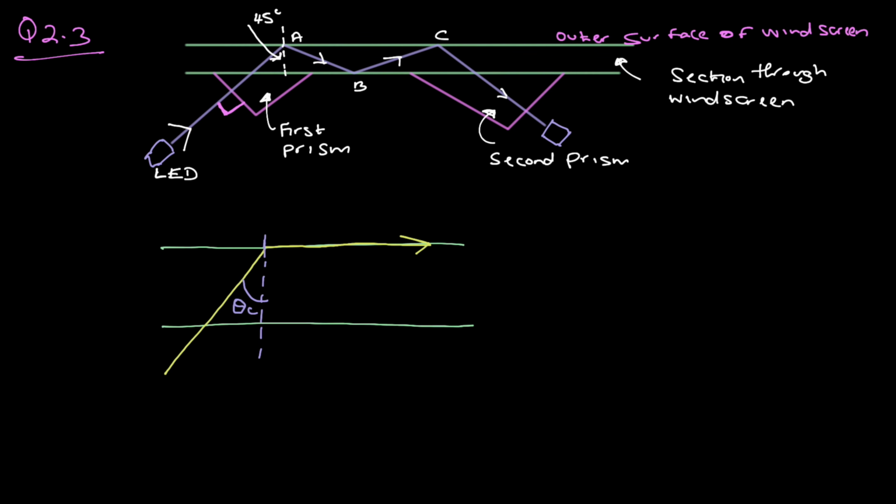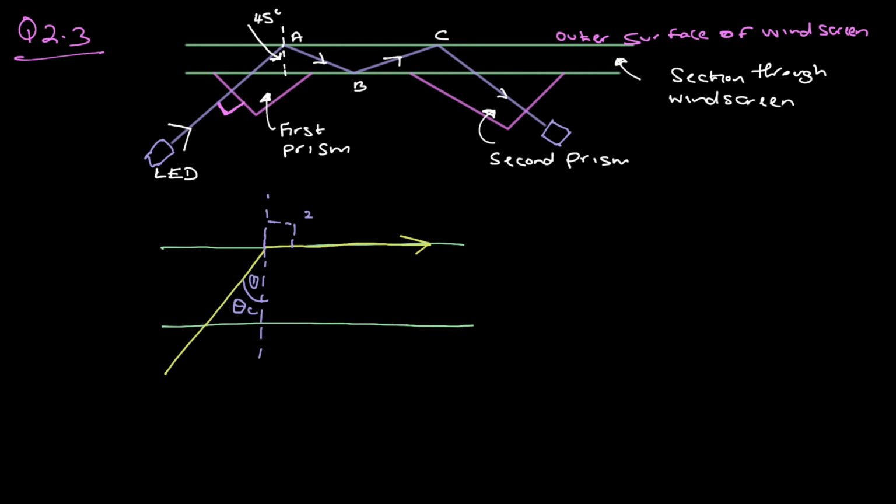To do that, we can call this one angle 1, and this one angle 2, measured to the normal. Angle 1 is our critical angle, and angle 2 is the angle of reflection or refraction, in this case refraction.